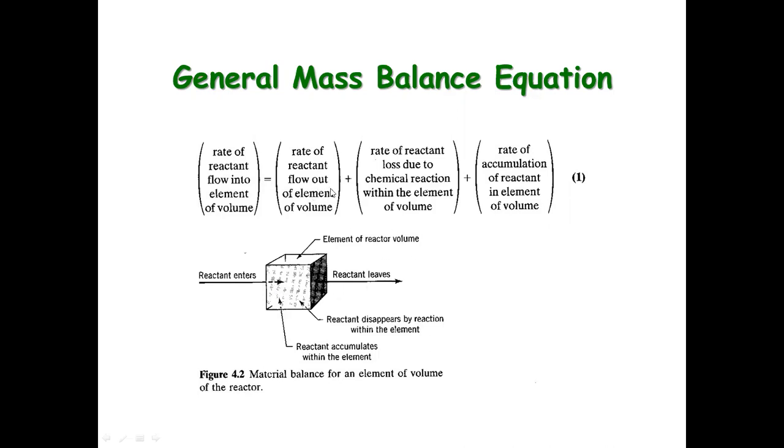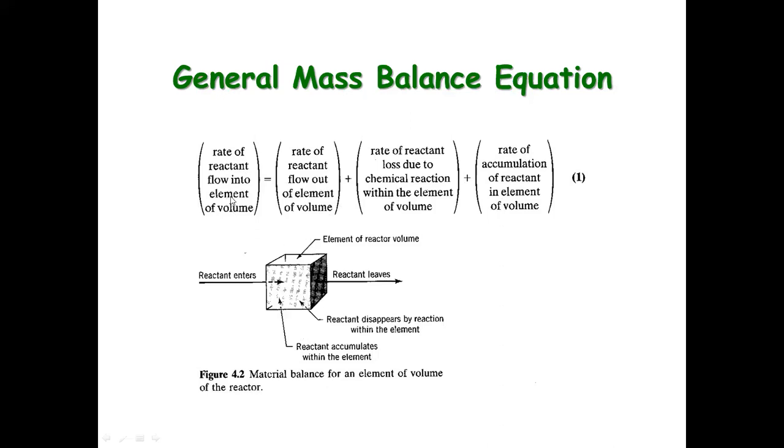So going back to what I have read a while ago, these three: the rate of reactant flow out of the element volume, the rate of reactant loss due to chemical reaction within the element volume, and the rate of accumulation of reactant in the element volume, the sum should all be equal to the amount of reactant that entered that particular element of volume.